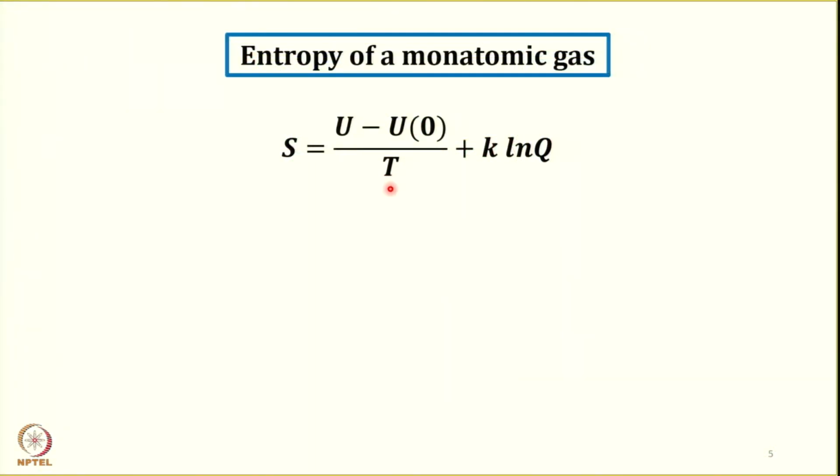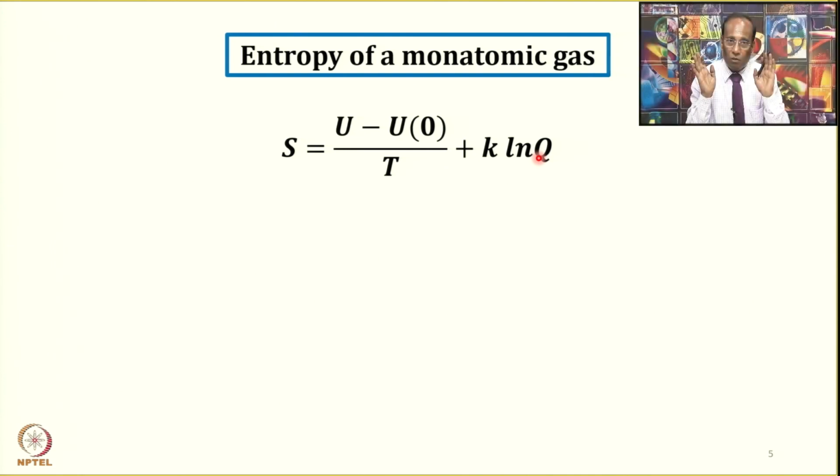Let us see what is the general expression that turns out to be in such cases. We have connected entropy with the canonical partition function. That was S is equal to U minus U0 by T plus k log Q. We will begin from this.